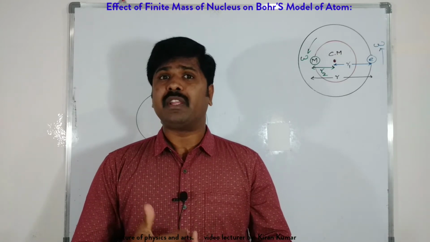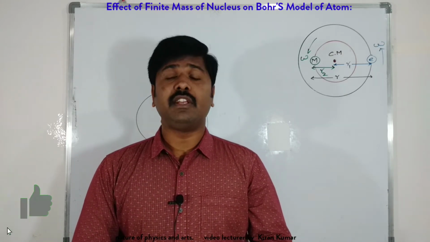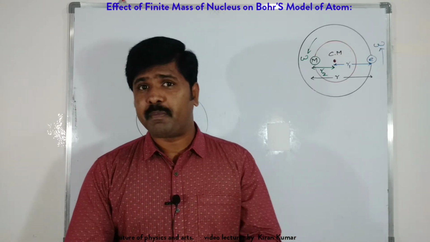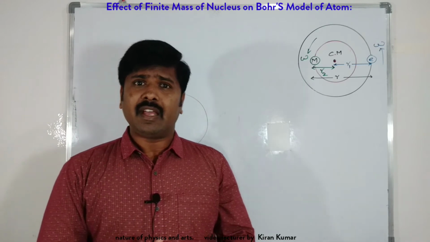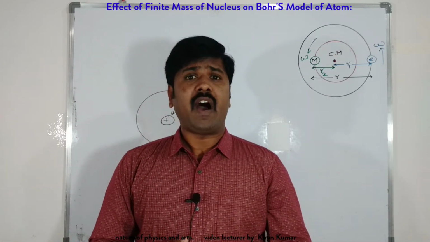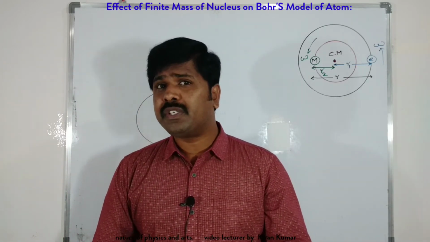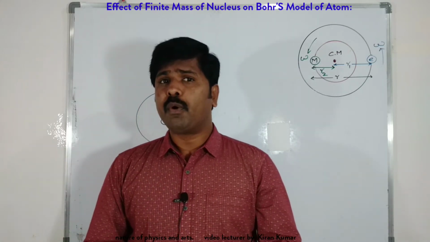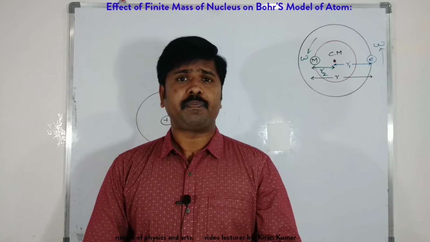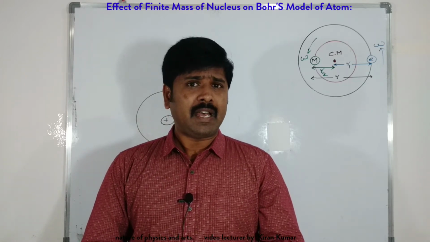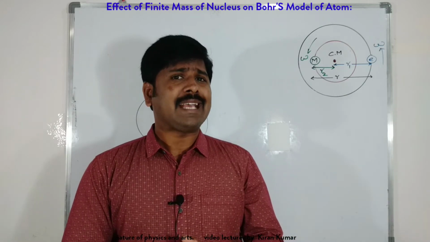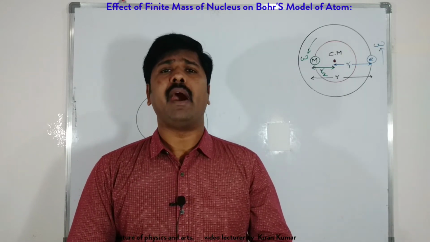Now, how the effect of finite mass of the nucleus in the Bohr model of atom, step by step we will discuss. In the atomic spectra of hydrogen atom or hydrogen-like atom, there is a very small variation with the Bohr model of atom. This is the assumption in which the nucleus has infinite mass.